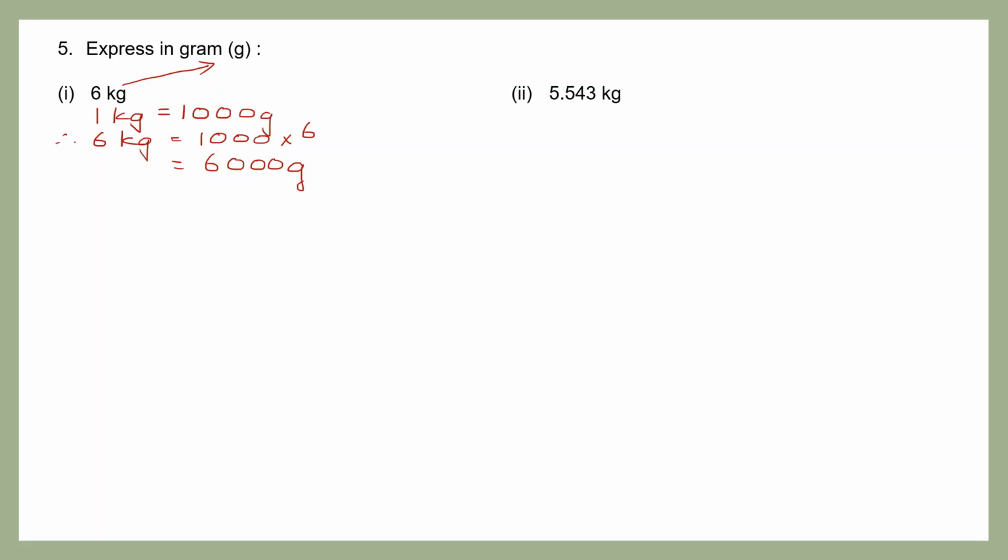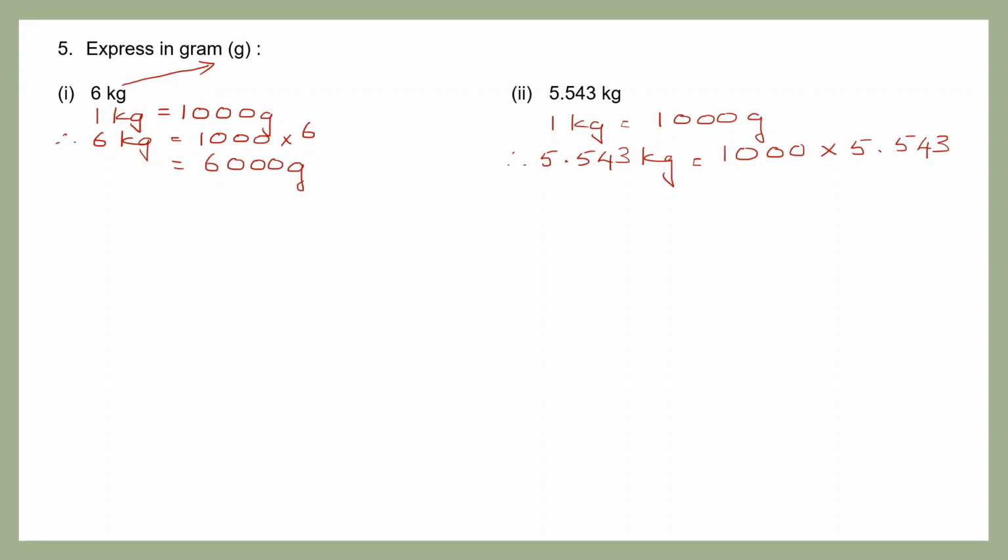5.543 kilograms, we are going to convert it to grams. So let's write 1 kilogram equals 1000 grams. Therefore, 5.543 kilograms, we need to convert this. To convert, we multiply this number by 1000. So 1000 into 5.543.